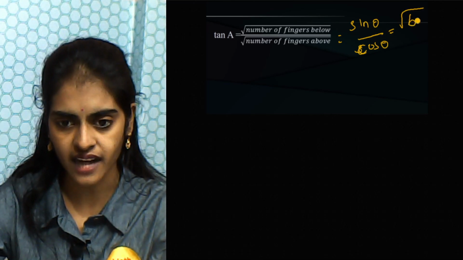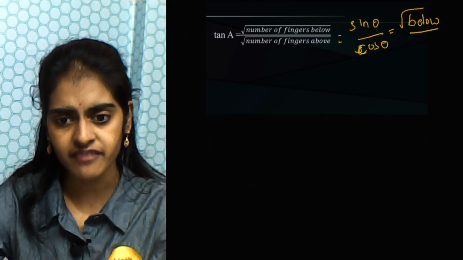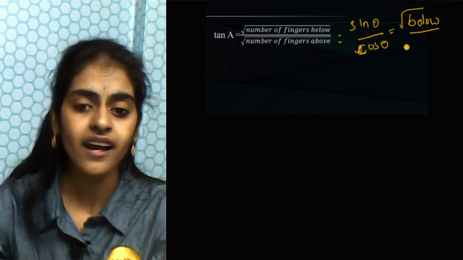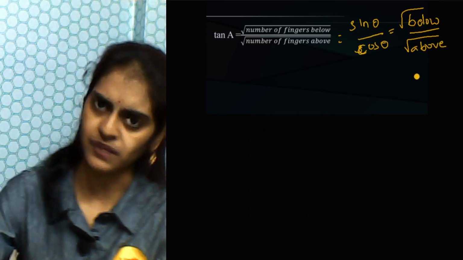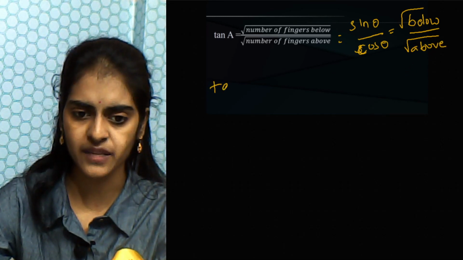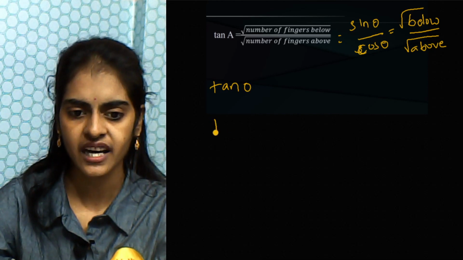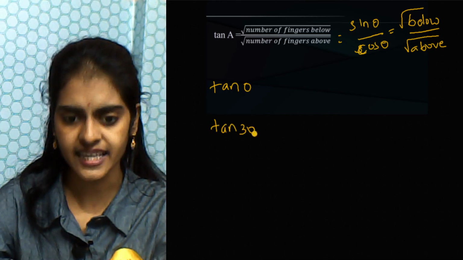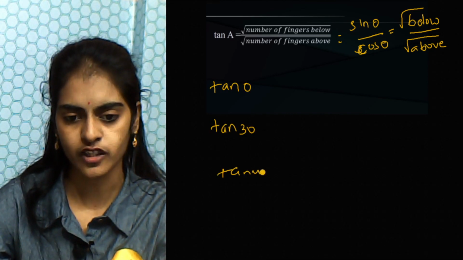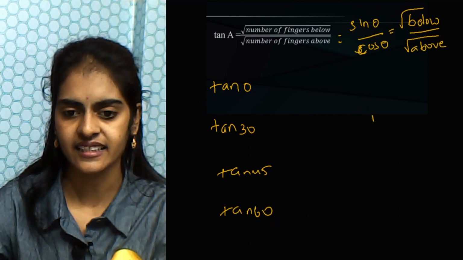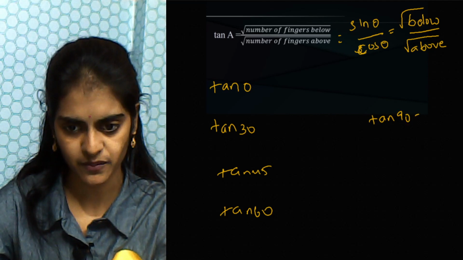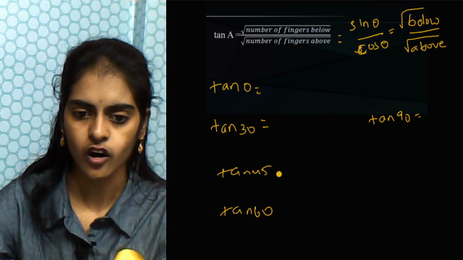So this is under root below by, for cos, which fingers? Above fingers. So under root above. Very simple. Let us find tan 0, tan 30, tan 45, tan 60 and tan 90.